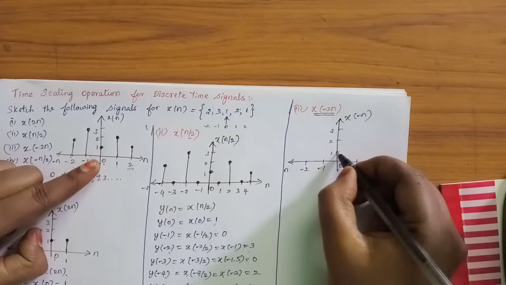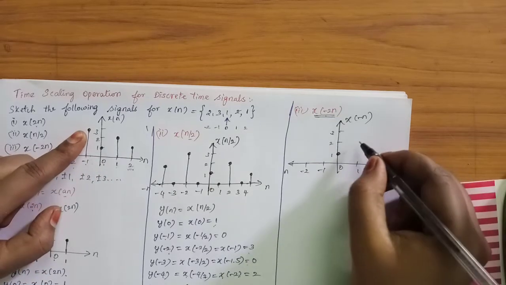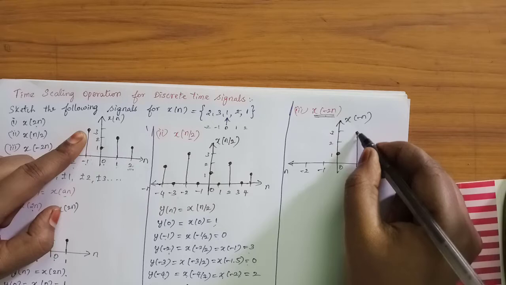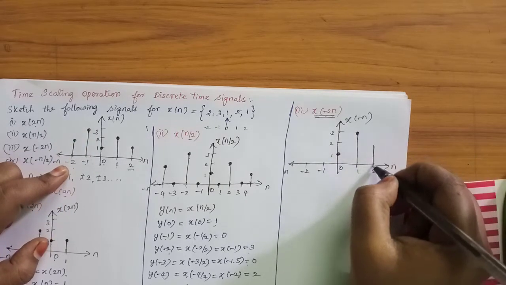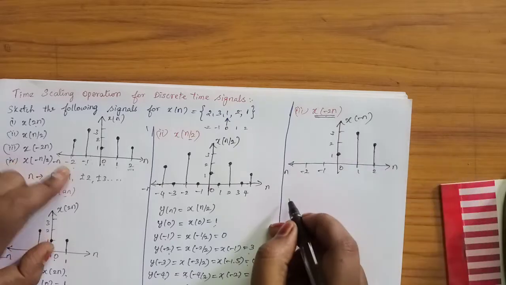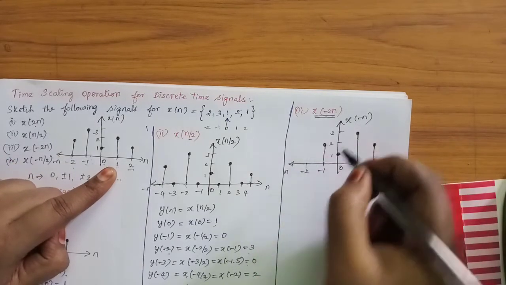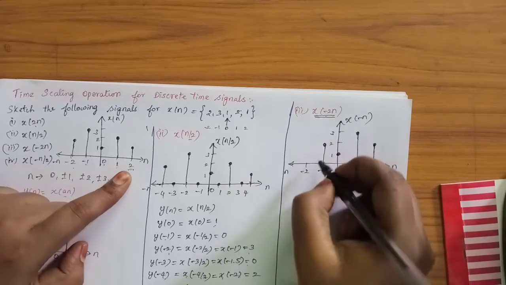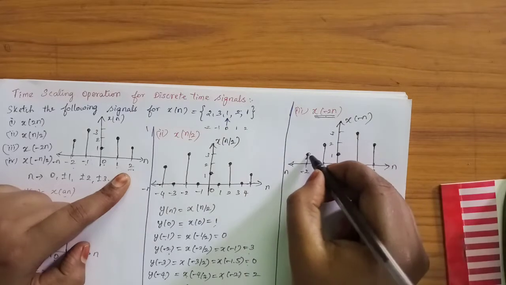At 0 it won't be changed. At minus 1 it's 3, so it will get moved to plus 1. Okay, and at minus 2 it's 2, so it gets moved to plus 2, and at 1 its value is 2, so it will move to minus 1 position. At 2 its value is 1, so it will be moved to minus 2 position.